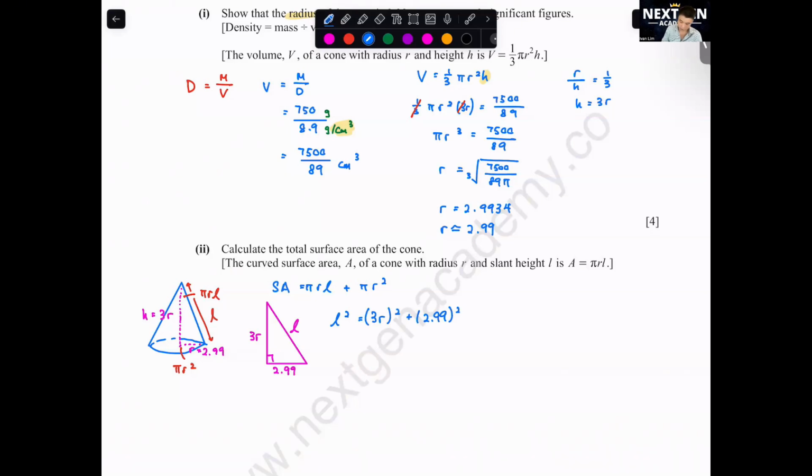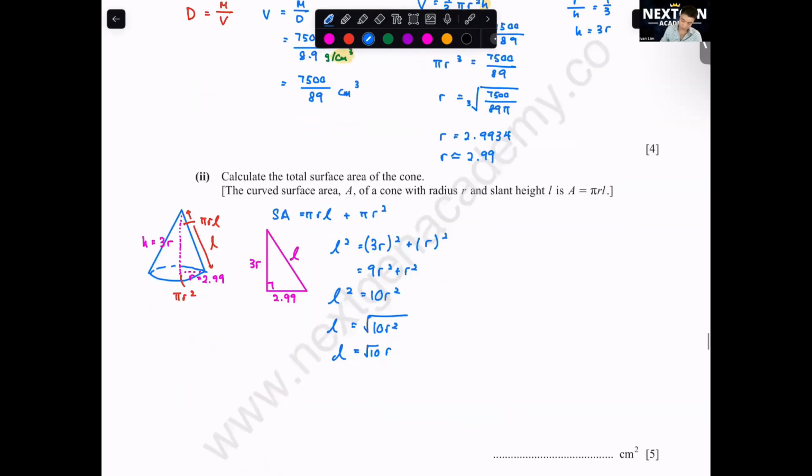Okay, or r squared. Actually we just leave it in r first. Sorry, later only we open it up. r squared, easier this way. So here you get 9r squared plus r squared, which is 10r squared. So you want to square root this. You'll get root 10 r, or r root 10.